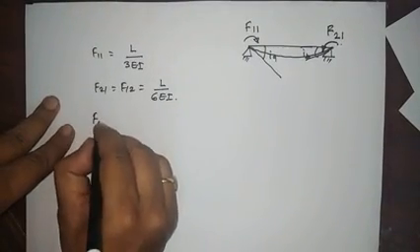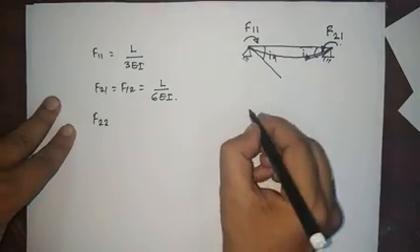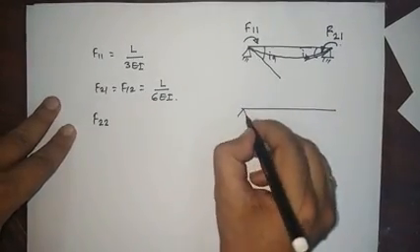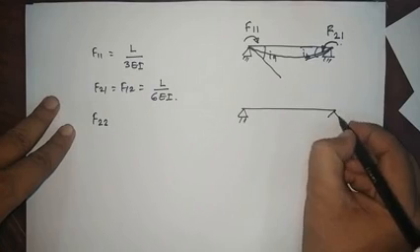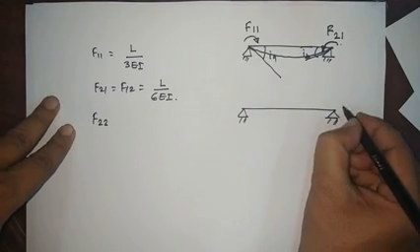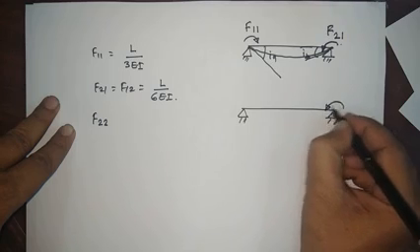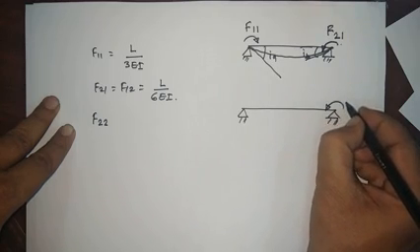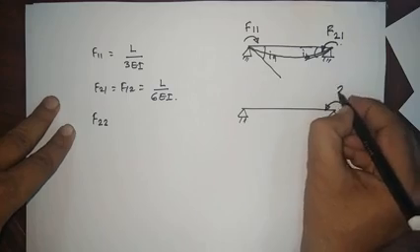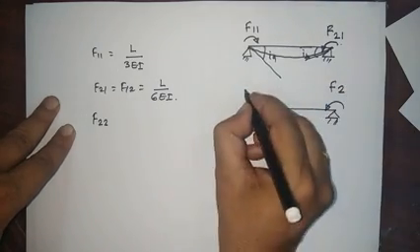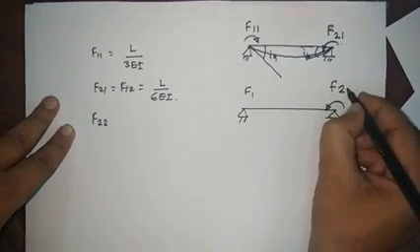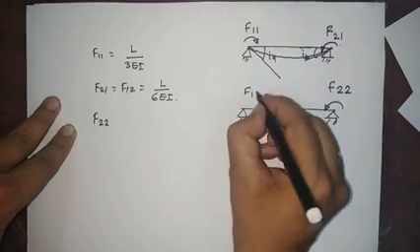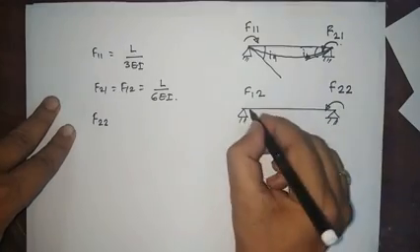Then F22. Now we are applying the unit moment at this 2. So this is 2, this is 1, application at 2, so 2 and 2.